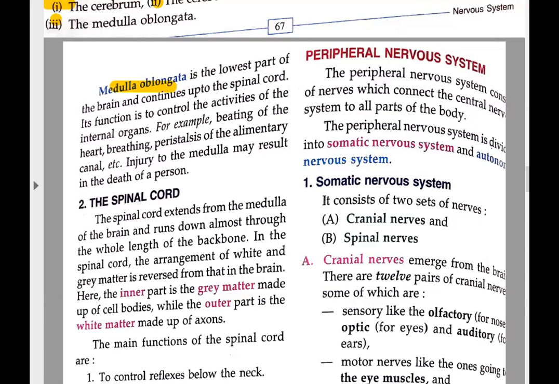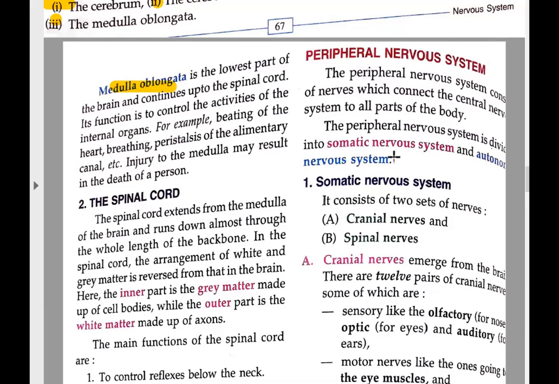That is the peripheral nervous system. Understood this point? So the peripheral nervous system includes all the nerves which connect the central nervous system to all the body parts.